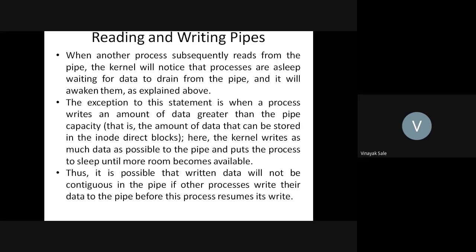Here the kernel writes as much data as possible to the pipe and puts the process to sleep until more room becomes available. Thus, it is possible that written data will not be contiguous in the pipe if other processes write their data to the pipe before this process resumes its write.